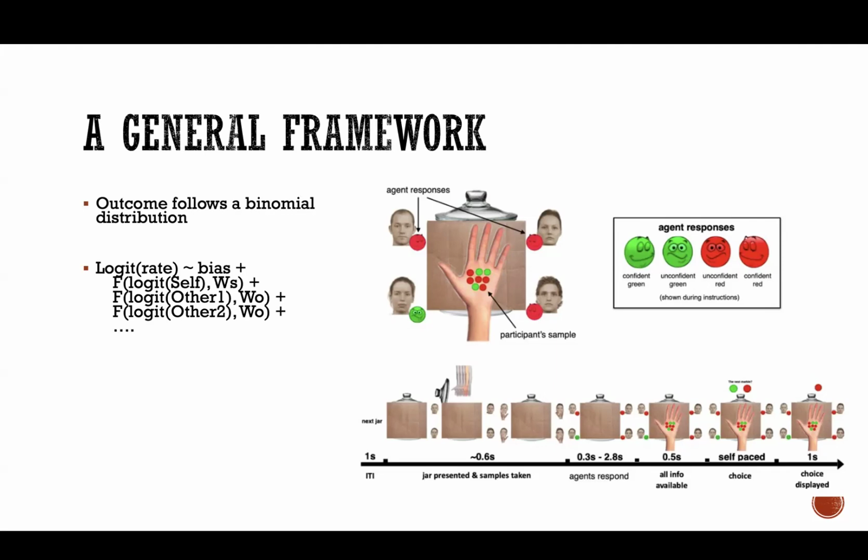plus however we conceptualize the evidence from self as a function of the weight. For self, the evidence from the first one weighted by the weight for others, the evidence for the second one weighted by the weight for others, the evidence for the third one weighted by the weight for others.